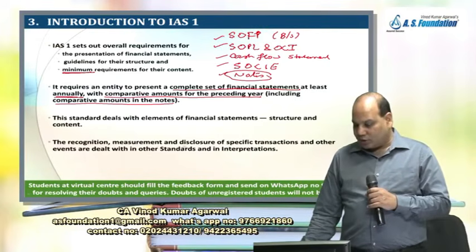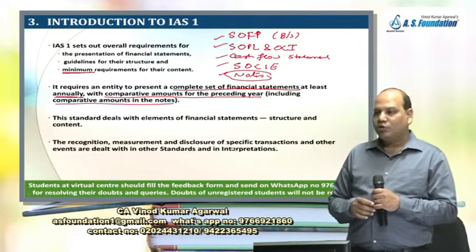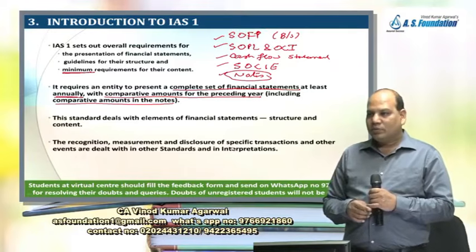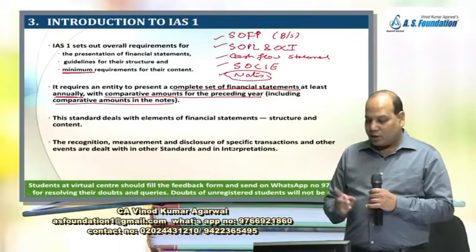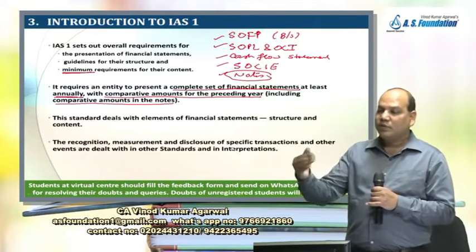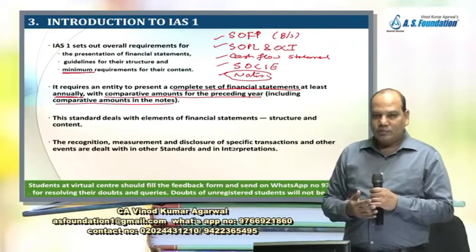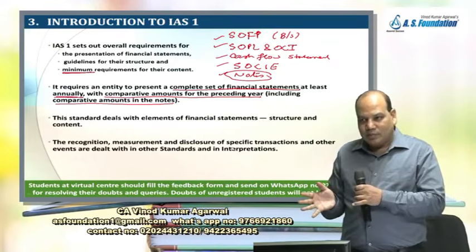The recognition, measurement and disclosure. Does IAS 1 deal with recognition, measurement and disclosure also? It deals with disclosure to some extent, yes, but recognition and measurement will be covered by specific standards. So the standard on leases will cover the lease related matter.